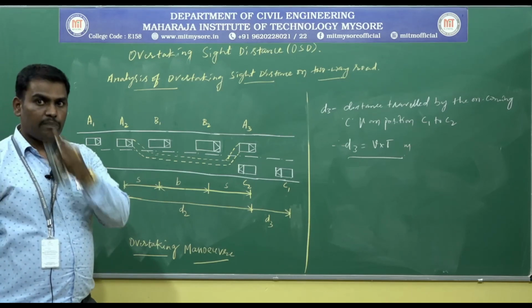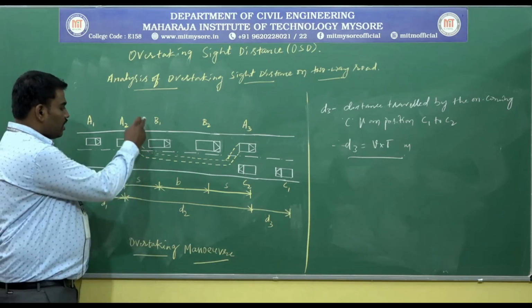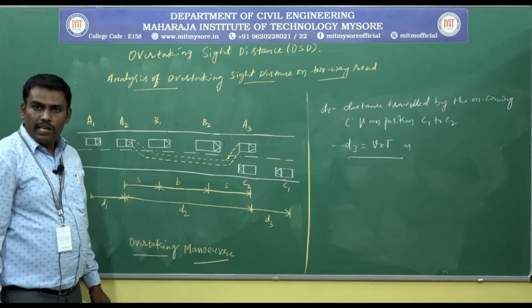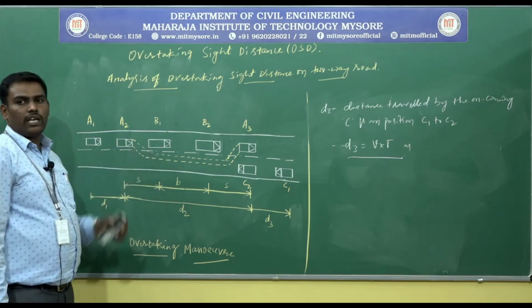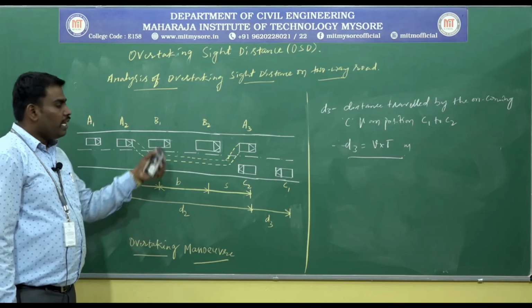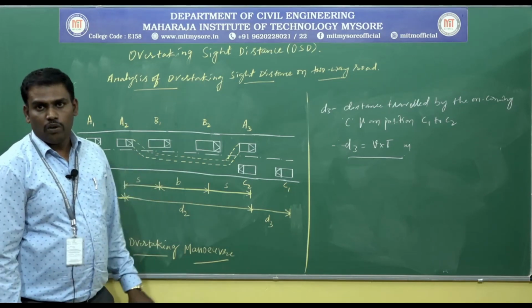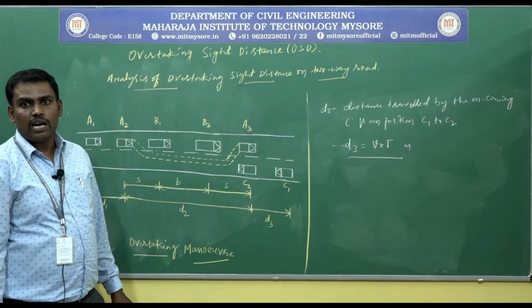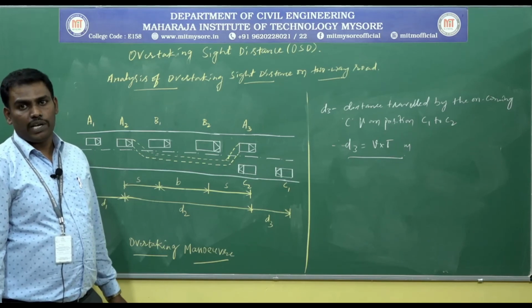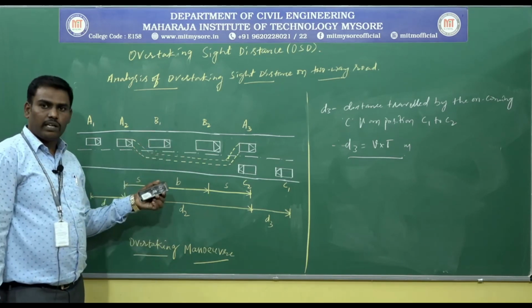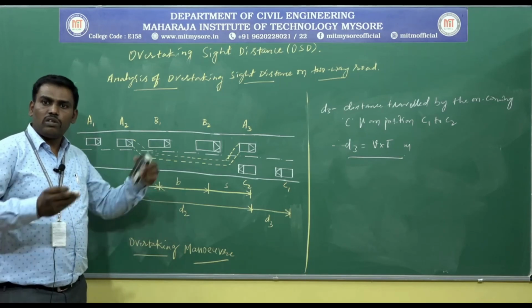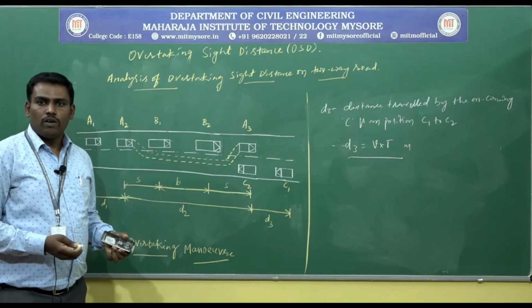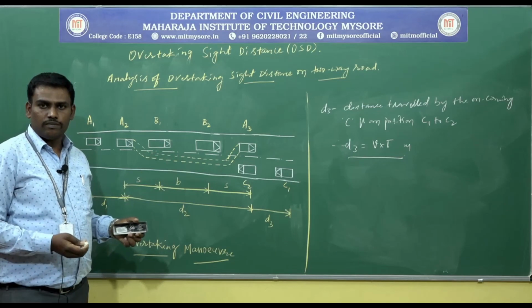And keep in mind that it is only possible to overtake a vehicle when it is a two-lane road. For a single lane road it is not possible to overtake because the vehicle has to shift to the adjoining lane. Only when the lane width is more is it possible to overtake the slow moving vehicle.